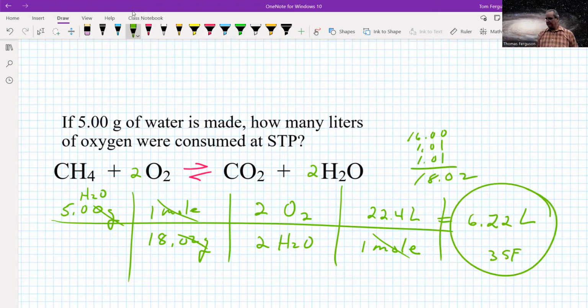So we're using up 6.22 liters of oxygen. Okay, notice the water cancels as well.